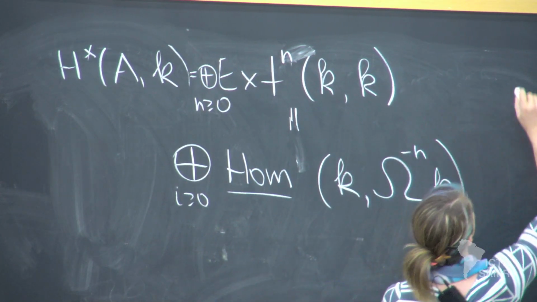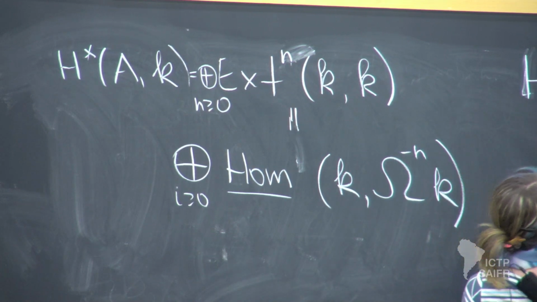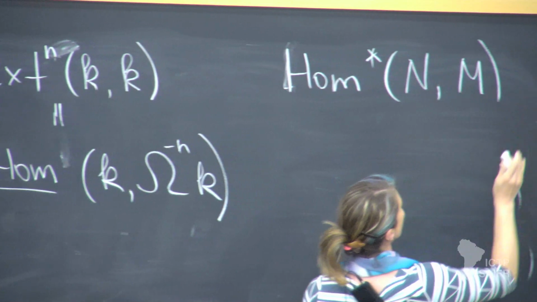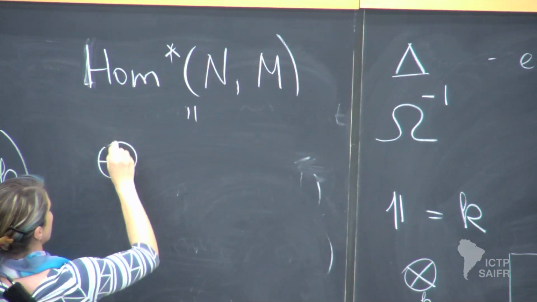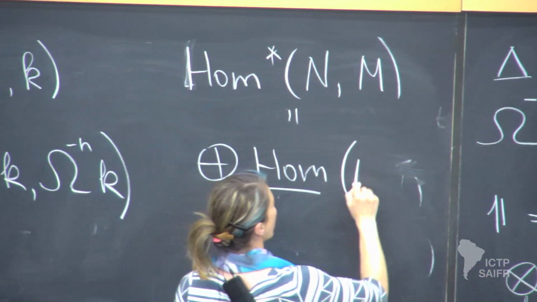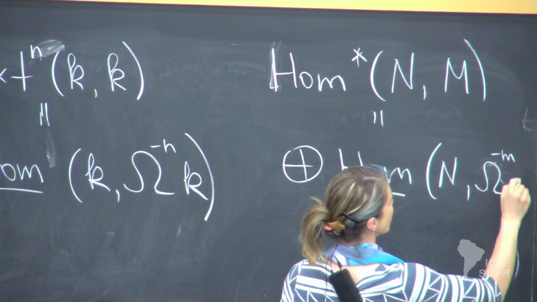And then I want to act on my graded Hopf, even say n, m, which is a direct sum Hopfs n minus m of m.